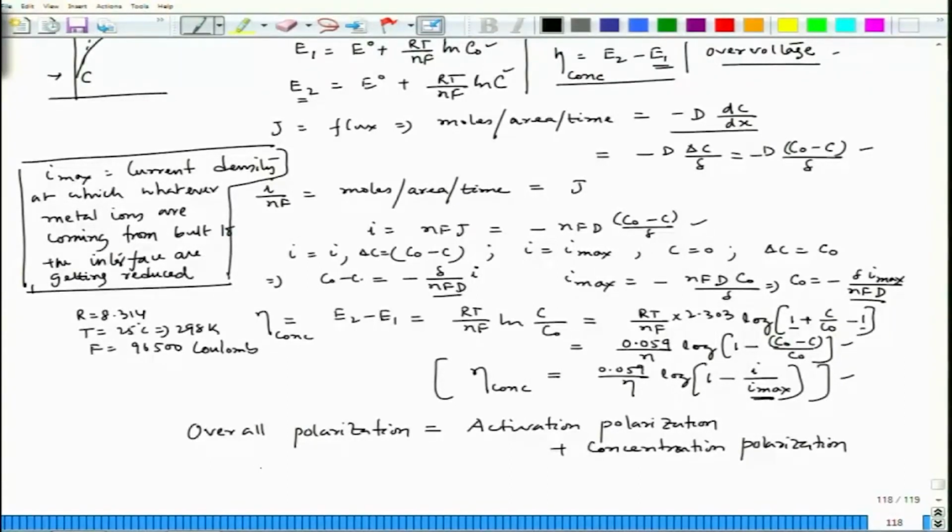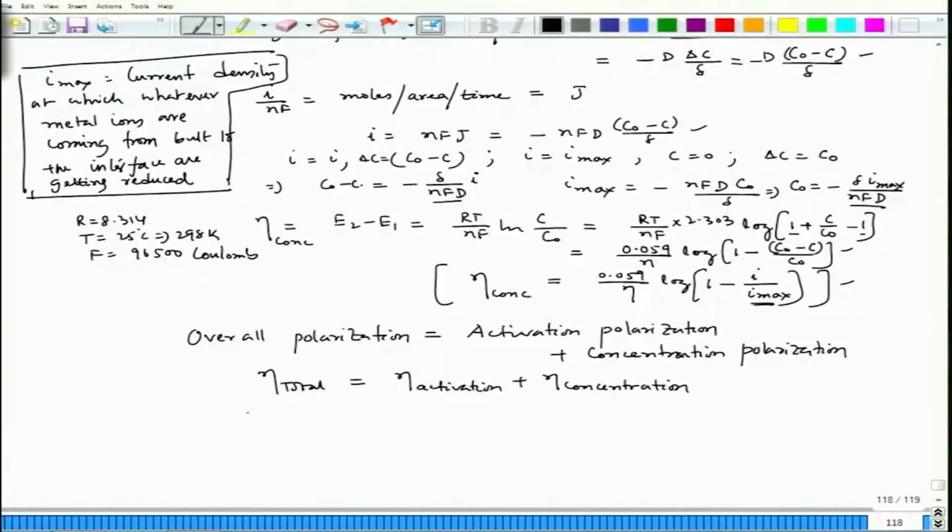So, I can write eta total equal to eta activation plus eta concentration.